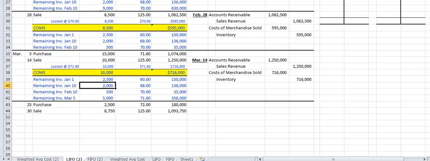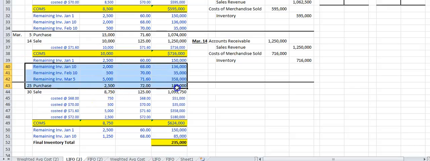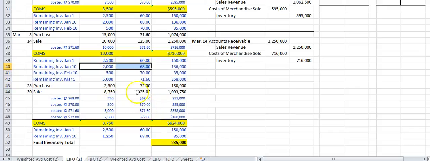So let's take a look at how many layers we used. Okay, so we use a lot of layers here. Just as I said, we used all these layers over here. We used the full 2,500 at 72, the full 5,000 at 71.60, the full 500 at 70, and we used 750 of this layer at 68.